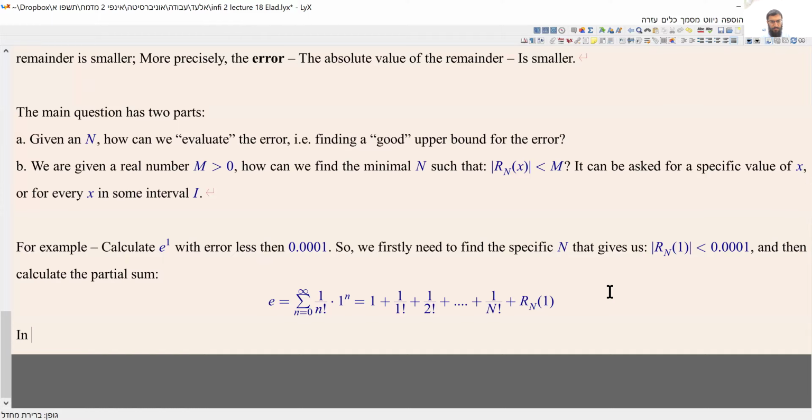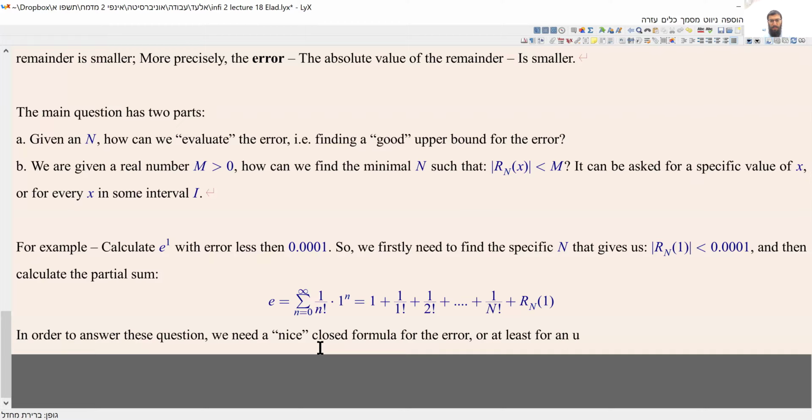In order to answer these 2 parts of my question, we need a nice closed formula for the error, the remainder, or at least for an upper bound.